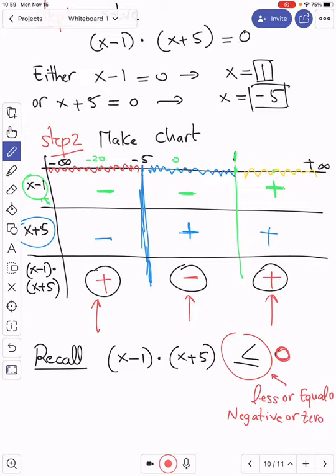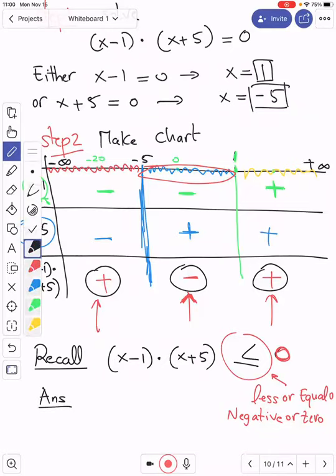So where is my whole expression negative? As you can see, in the second interval, from -5 to +1. So my expression is going to be negative from -5 to +1.